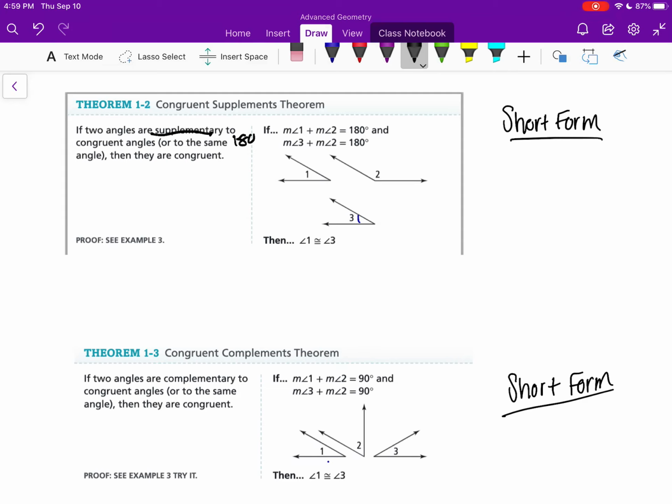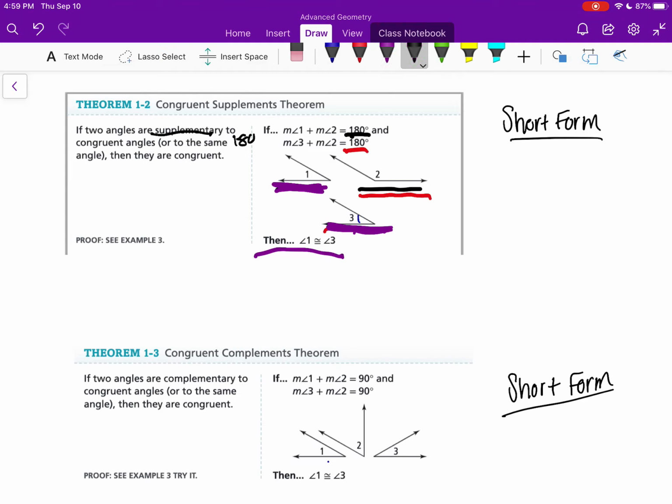It says if the measure of angle 1 and the measure of angle 2 add to be 180, and also if the measure of angle 3 and the measure of angle 2 add to be 180, then we can confidently concur that angle 1 is congruent to angle 3, which means it has the same measure.